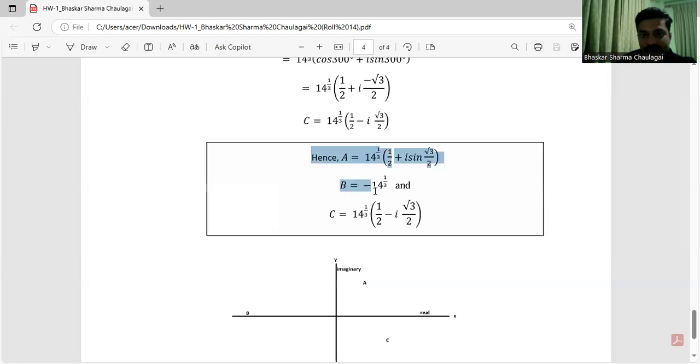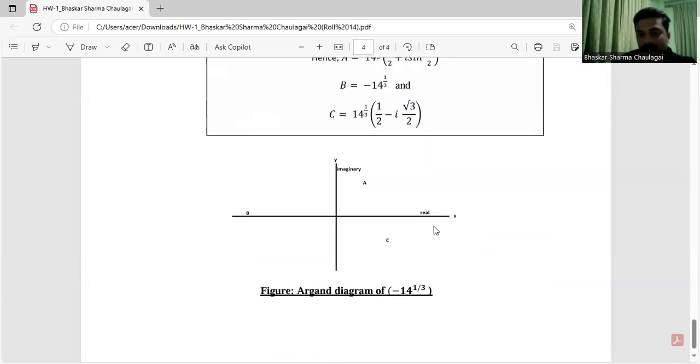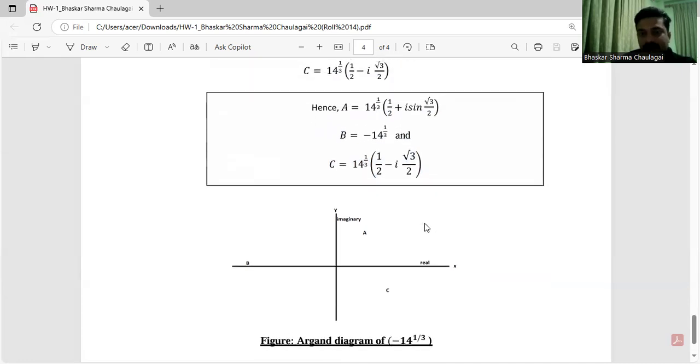As you can see, there are three different values a, b, and c. Finally, we'll be plotting those values in an Argand diagram. The value of a is positive and we have the complex part also, so a lies in the first quadrant.